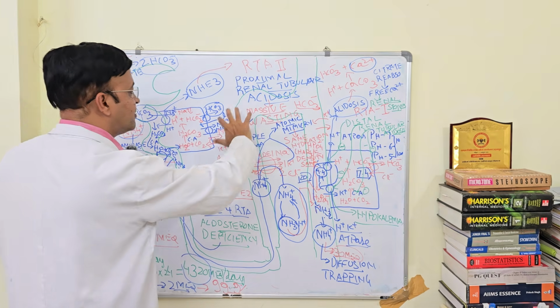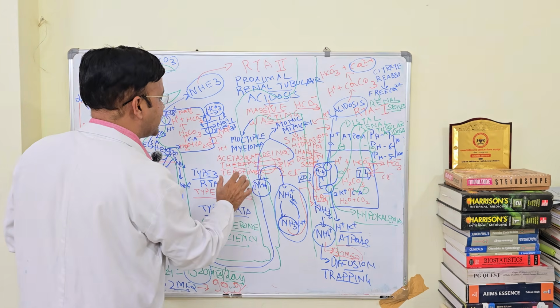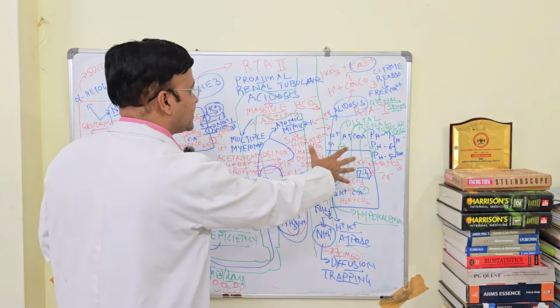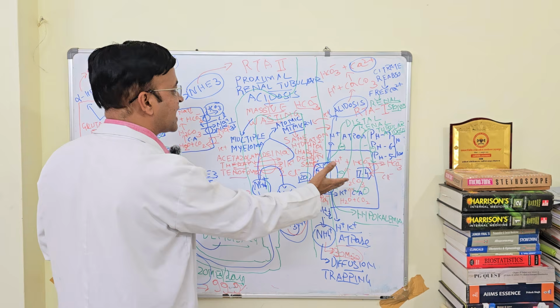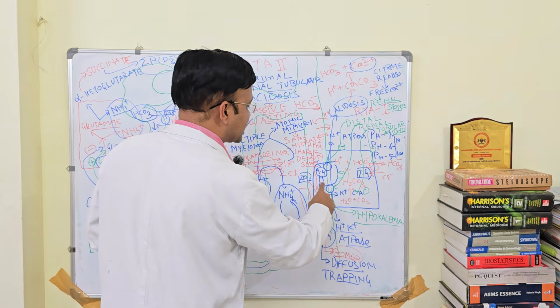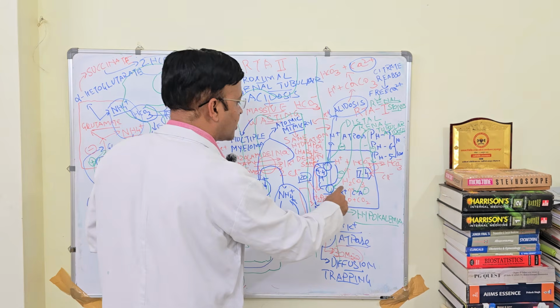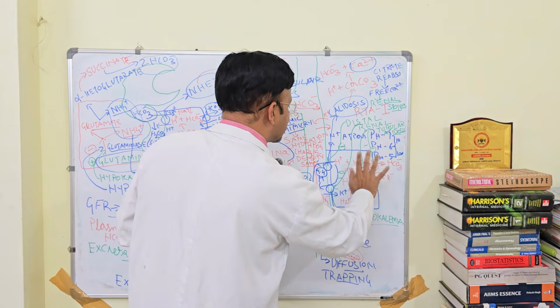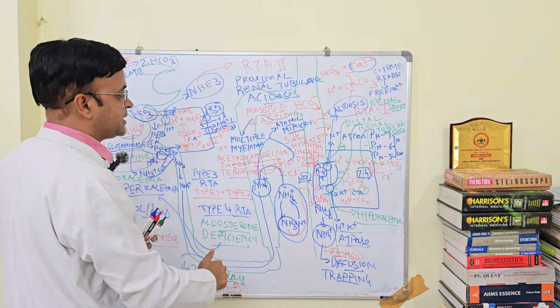It is also seen with some drugs, like acetazolamide and tenofovir, right? What happens in type 1 or distal renal tubular acidosis? Either this H+ ATPase is defective, or this H+/K+ ATPase is defective, or carbonic anhydrase is defective, or the bicarbonate chloride exchanger is defective, right?